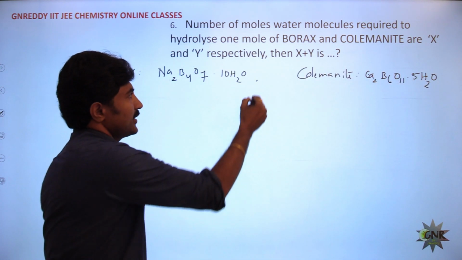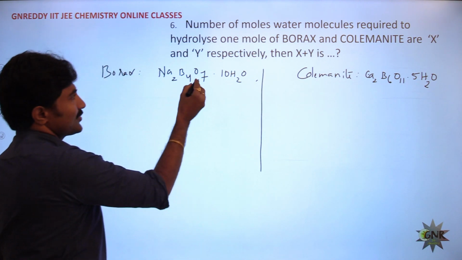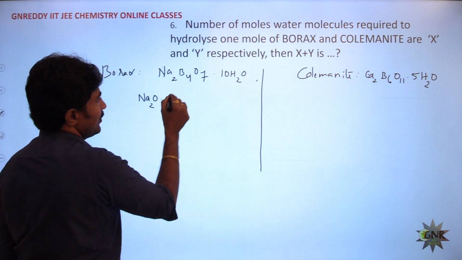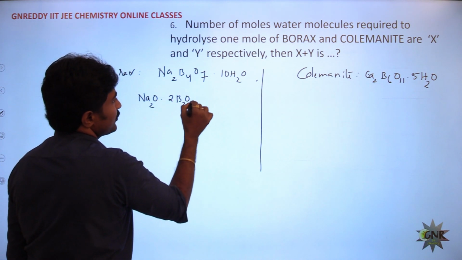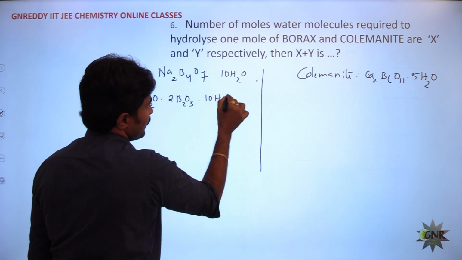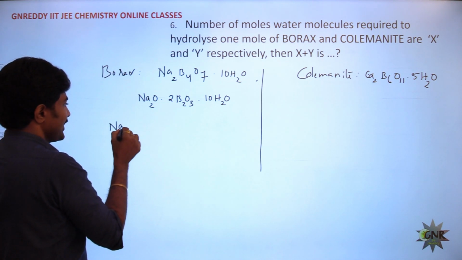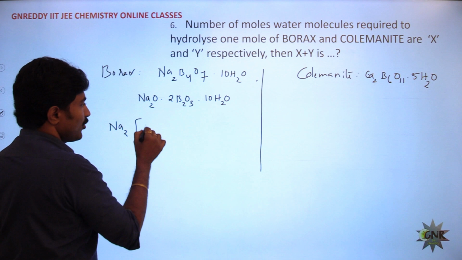So if you write in different aspects, this is also written as sodium oxide and boron oxide, Na2O.2B2O3.10H2O, or we can write in complexation, this is Na2 and 4 borons.